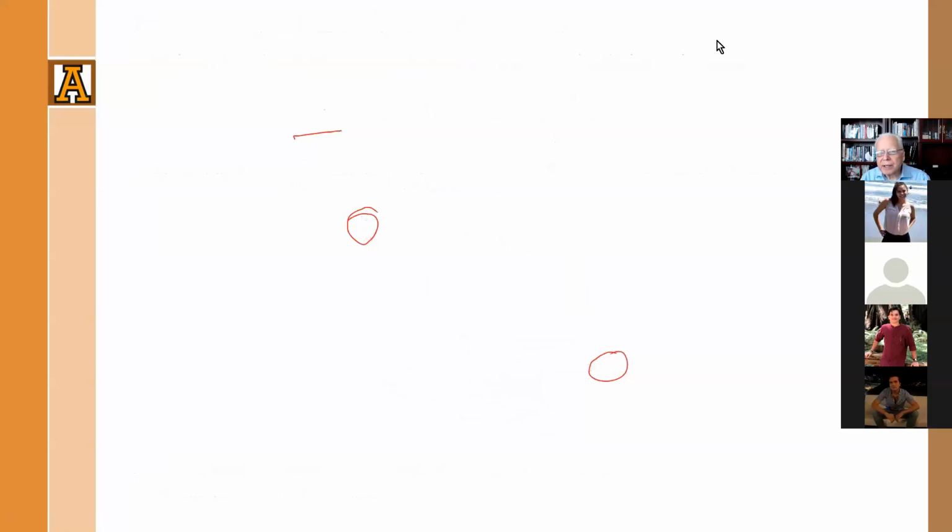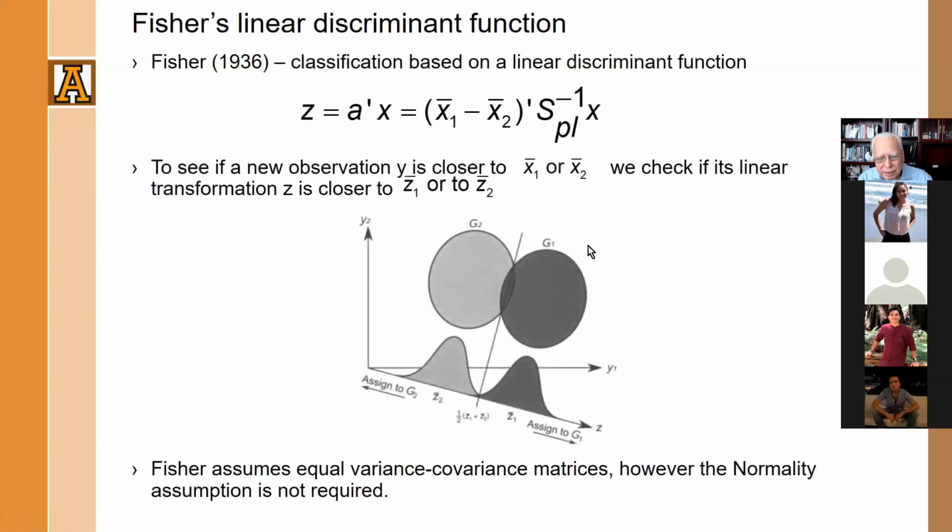Okay. Teacher, I have a question. Sure. In the previous slides, when you say that we have x0 and we evaluated Z in x0, that we need to see if the result is more likely than Z1 or Z2. Yeah, the idea of this function is, once you define the function, you can compute Z bar 1 and Z bar 2, okay? And you will assign a new observation, and I'm calling it Z0.